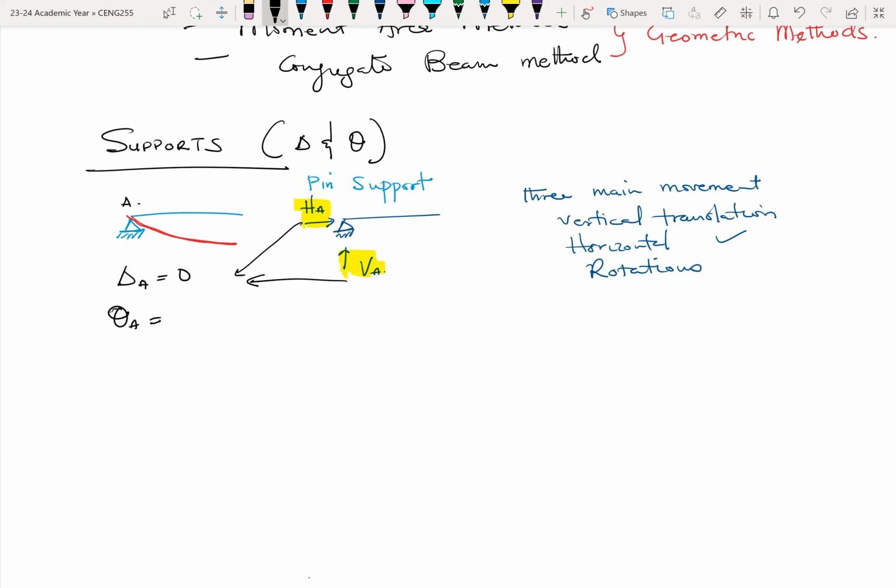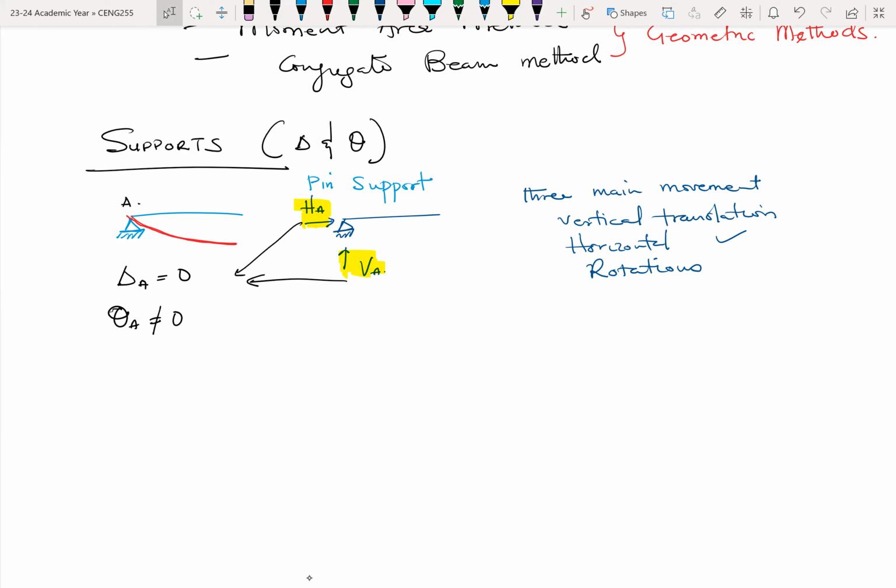The reason our doors or gates can move is because they are rotating with respect to a fixed point, and that is the hinge. Our doors cannot move up and down, and you cannot pull the door towards you horizontally, because of the hinge support effect. Because it has no resistance against rotation, the rotation value at A will not be zero.